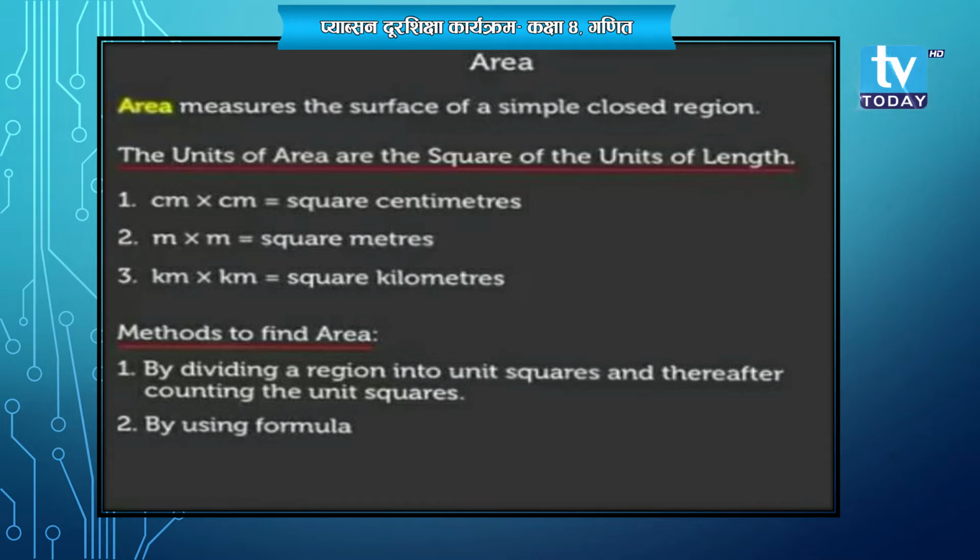You have to divide the given object into unit squares, and thereafter count those unit squares to find the area. Now next, by using a formula. Time and again we used our formula, but we are not using a counting method, right?